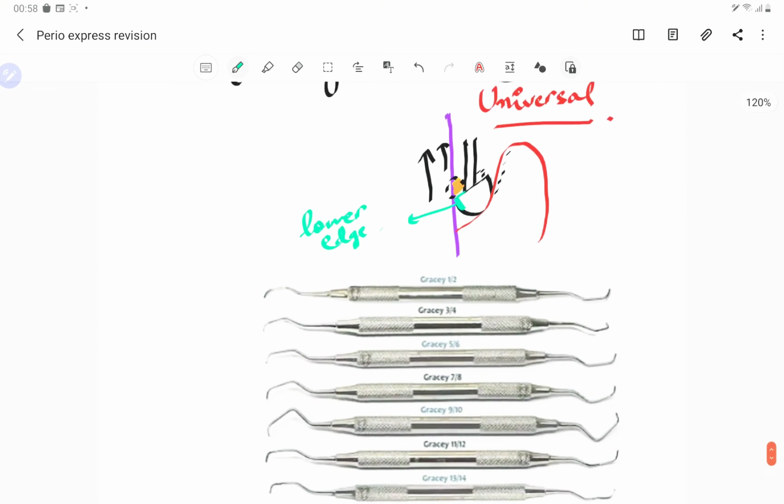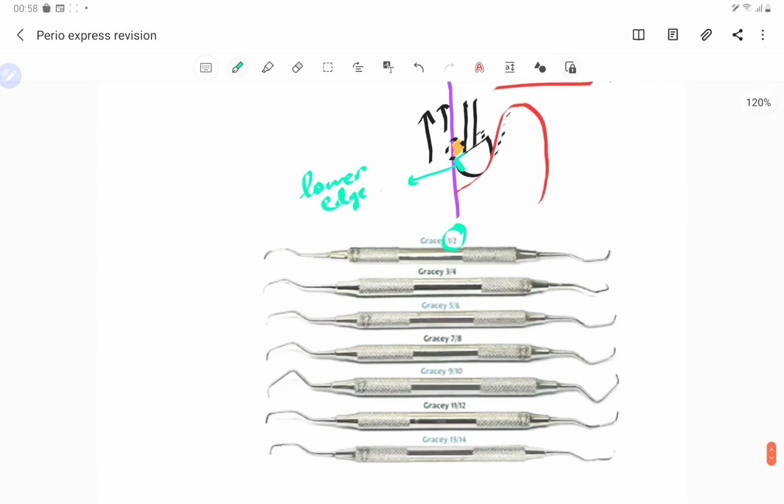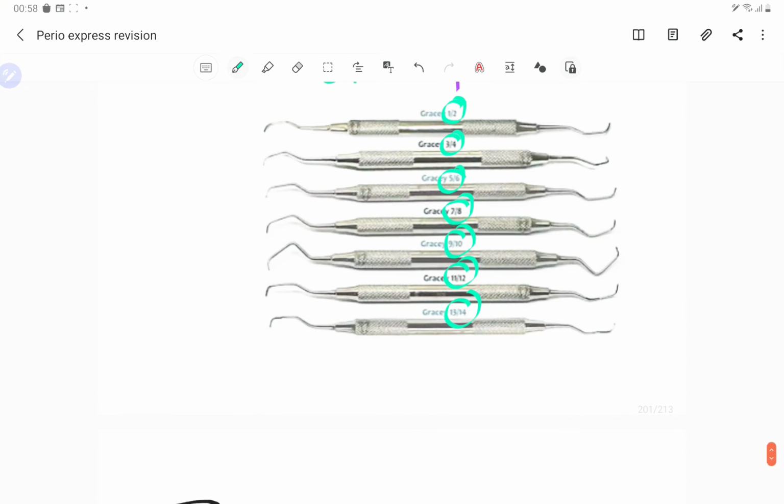Now in the diagram we have 1, 2, 3, 4, 5, 6, 7, 8, 9, 10, 11, 12, 13, 14, and also 15, 16 and 17, 18. All these are the area specific Gracey curettes.